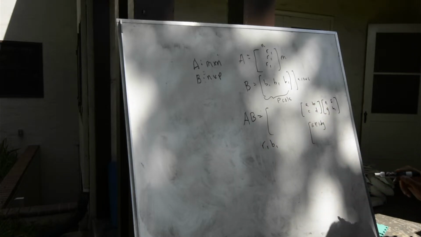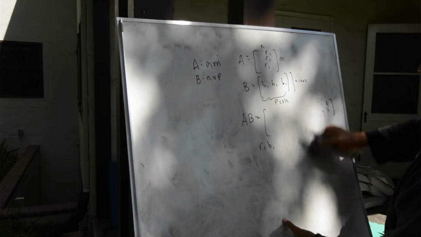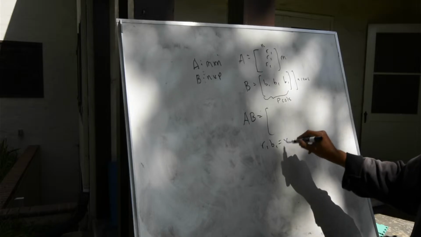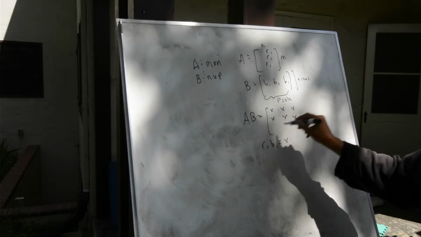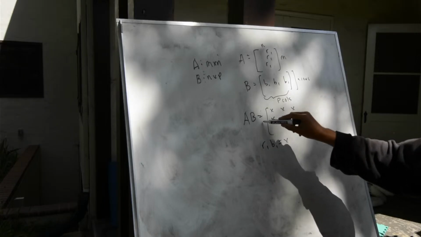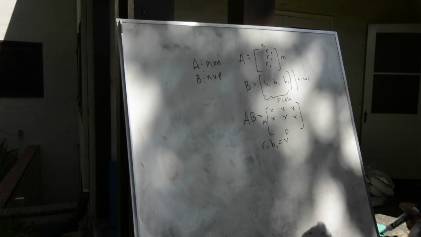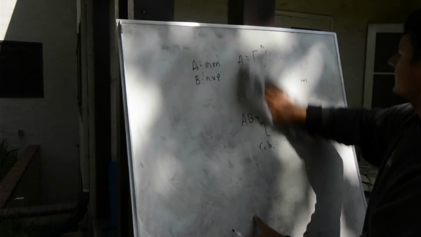The way to write this would be that AB equals X, then it's going to be X, X, X, X, X, X, an m by p matrix. So basically if all the rows of A are identical and all the columns of B are identical, then all of the entries of AB are going to be exactly the same.